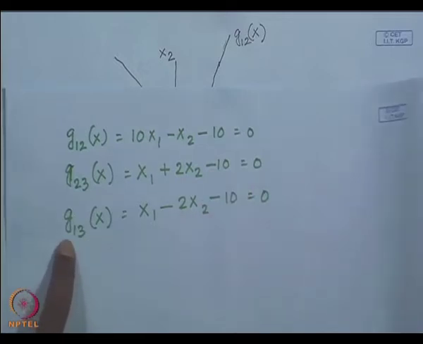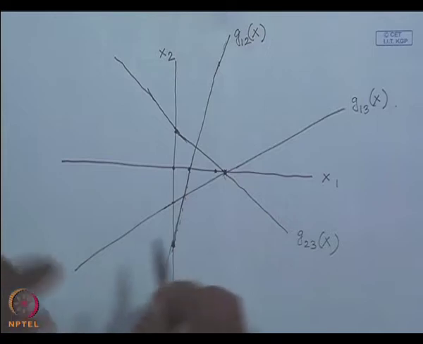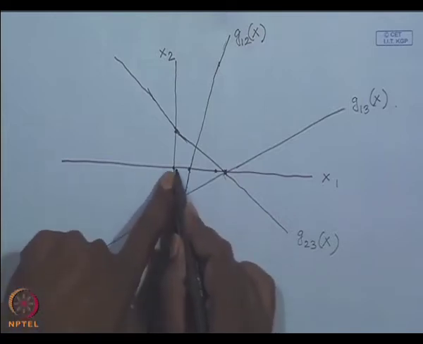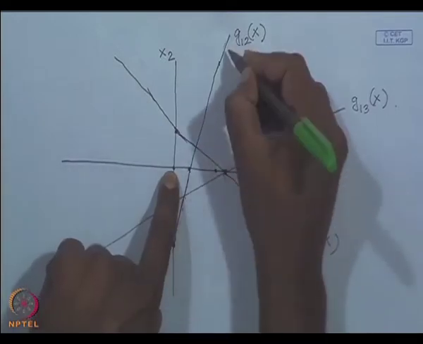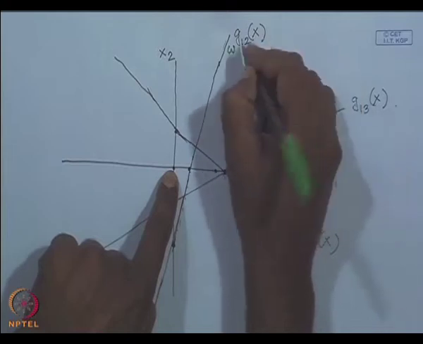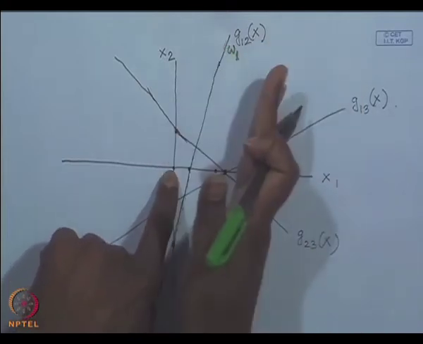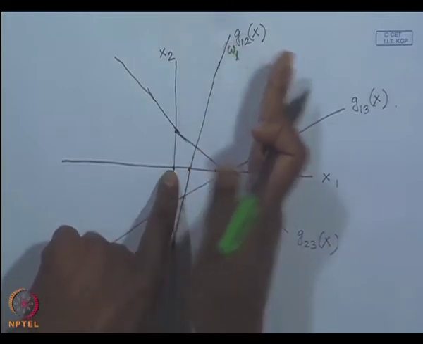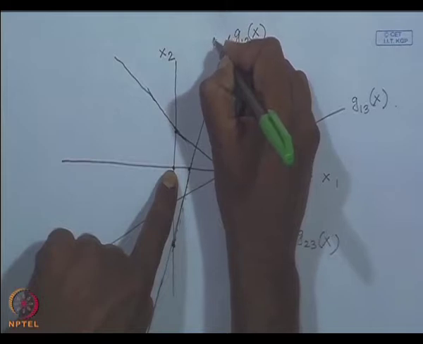So, that means this origin lies on the negative side of each of these lines. As the origin lies on the negative side, that indicates that considering this G12x, this side of G12x is omega 1, because on this side G12x is positive, and on this side it is omega 2.